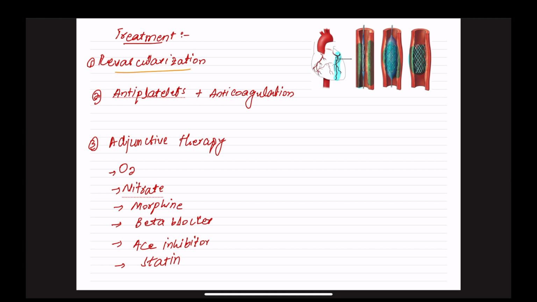It is extremely important that you revascularize the heart muscle within 90 minutes, because if the revascularization occurs within 90 minutes, it decreases the mortality and increases the survival rate of the patients.